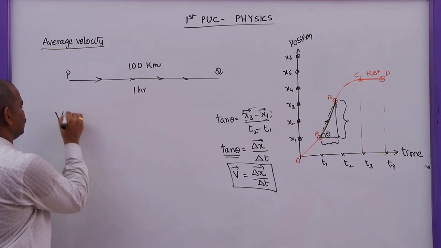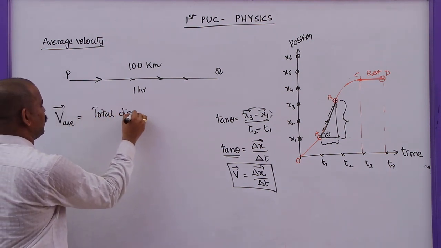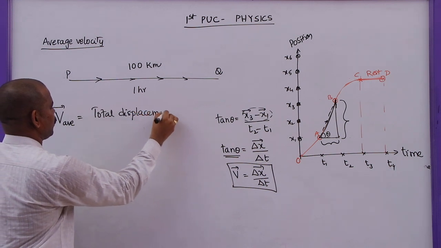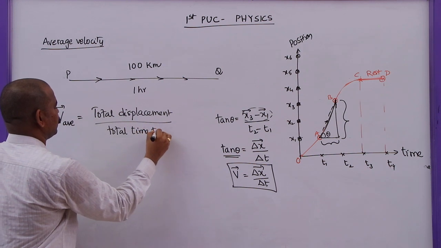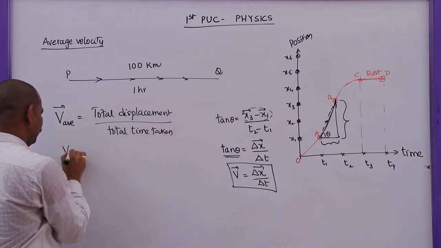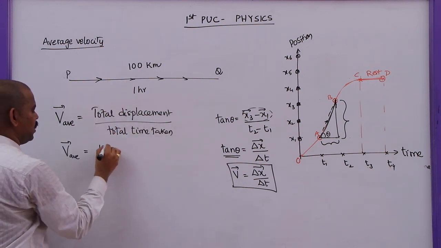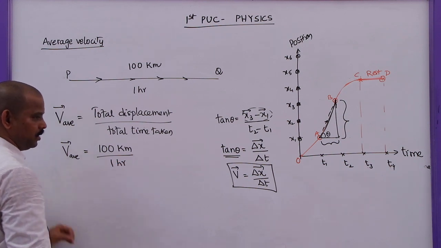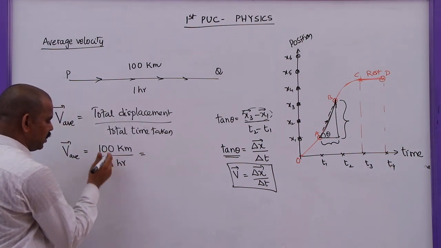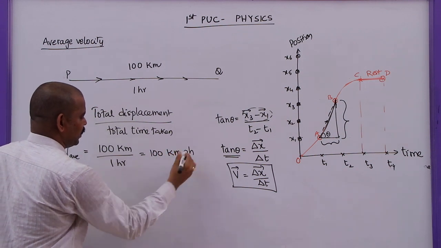So V average bar is equal to the total displacement of the body by the total time taken. What is the total displacement here? 100 kilometers. What is the total time taken? 1 hour. So this is very simple. 100 by 1 is 100.